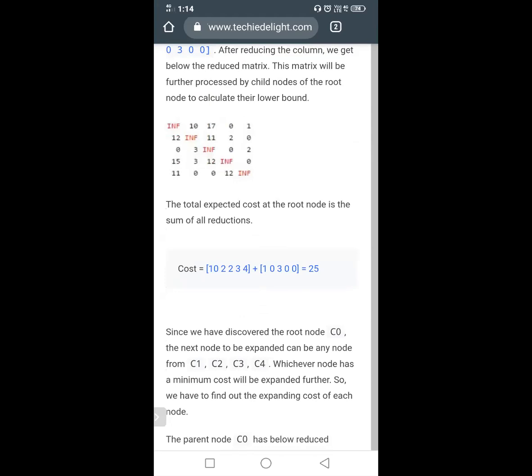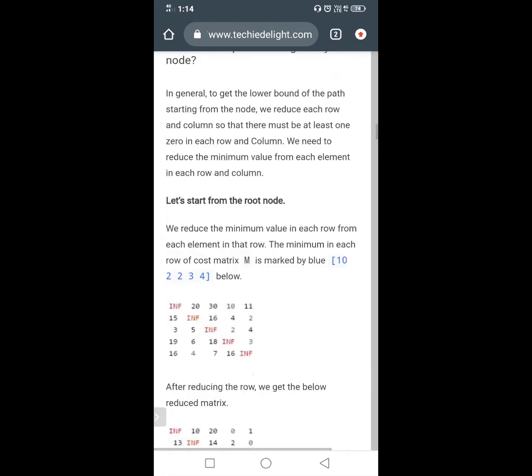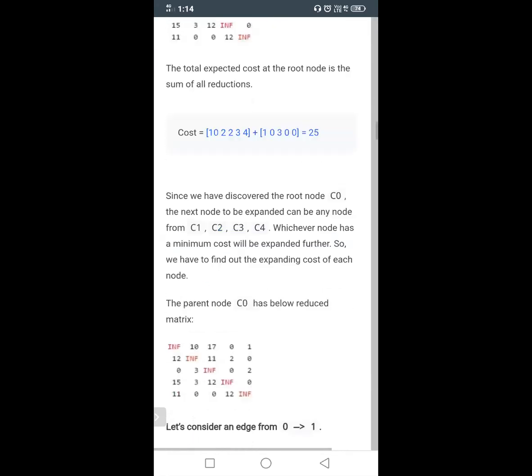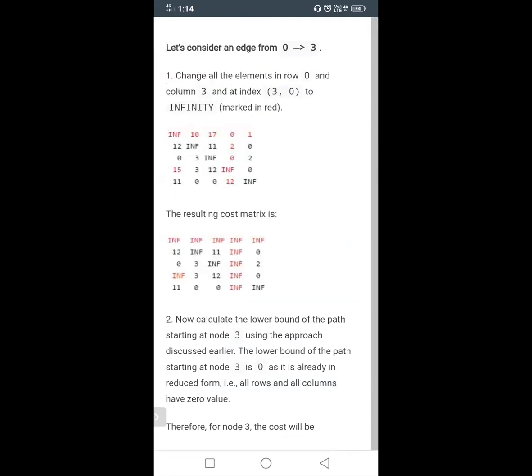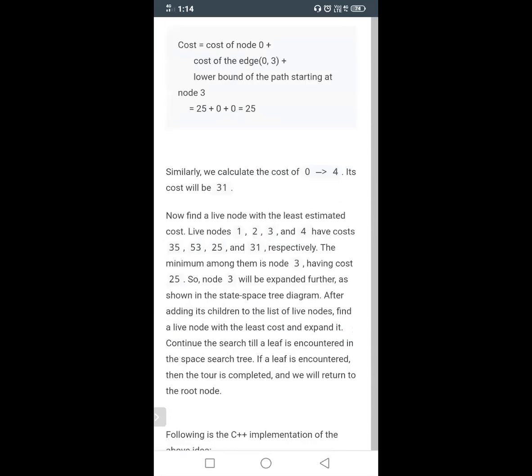Value 1. So what is the cost of this path? Here we get the value 31. Okay.